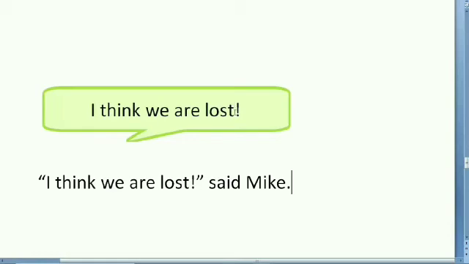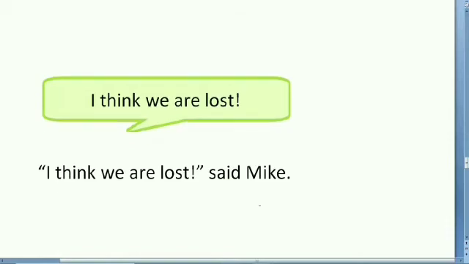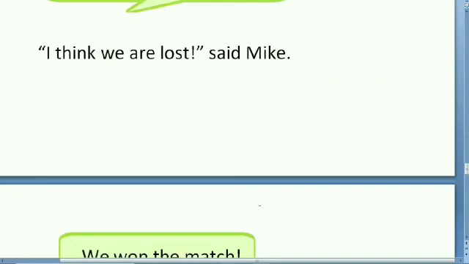That's easy. All you have to do is to start with speech marks. Then write the whole sentence with a capital letter and the exclamation mark. Then speech marks again. Then the verb said and then the name Mike with a capital letter. Then full stop. "I think we are lost," said Mike. Good. Next one.